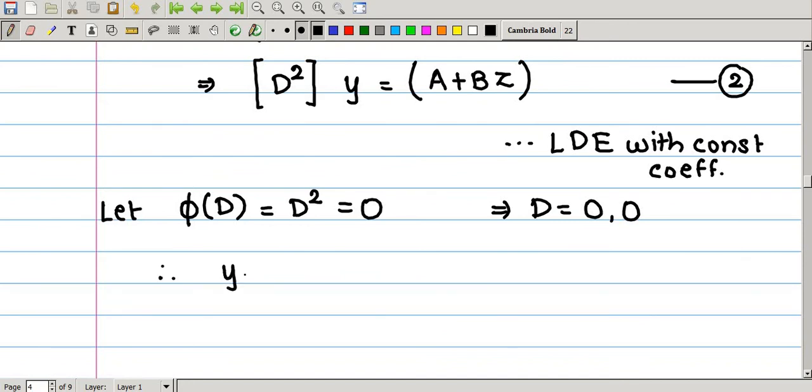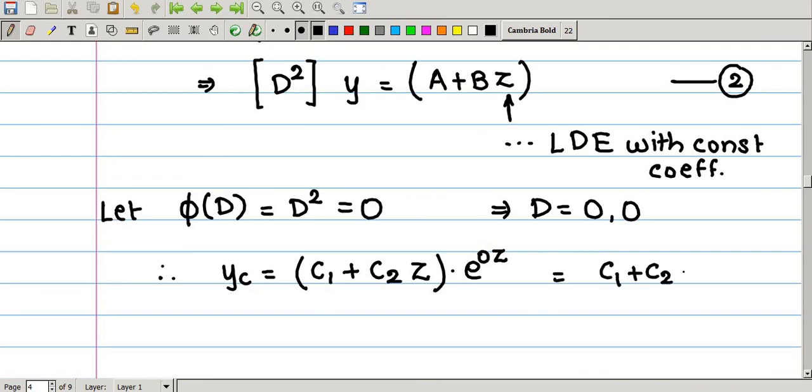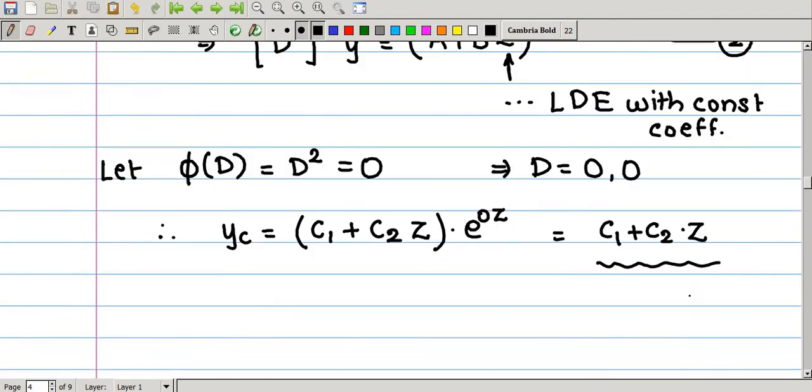Therefore, our required complementary function will be a linear combination of two arbitrary constants in increasing powers of the independent variable z into e raised to 0z, since our variable in the linear differential equation is z. That is, c1 plus c2 into z is the required complementary function for equation number 2.